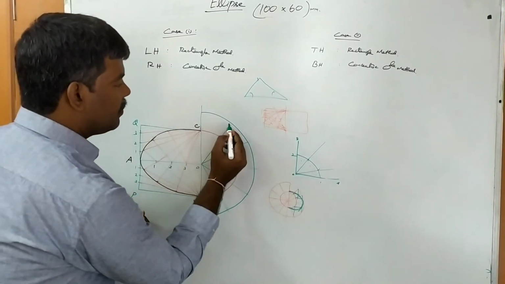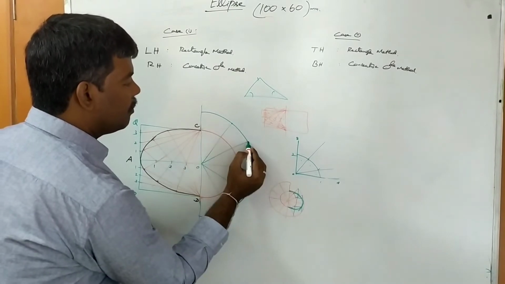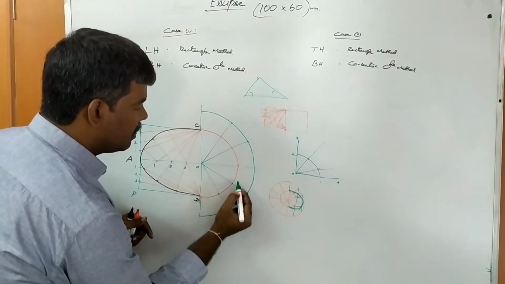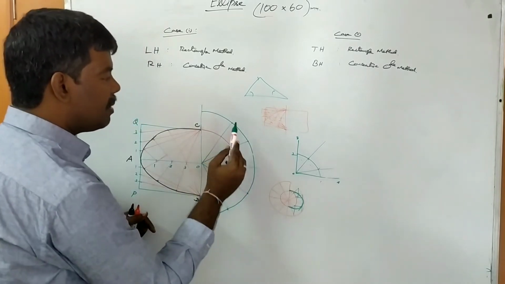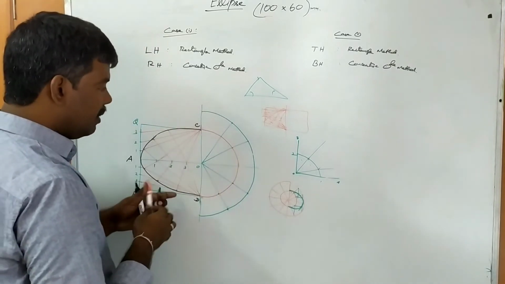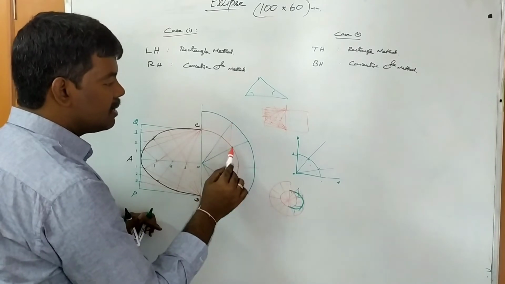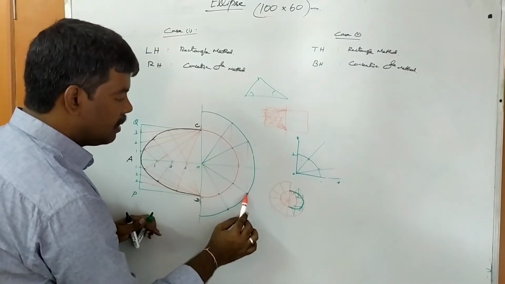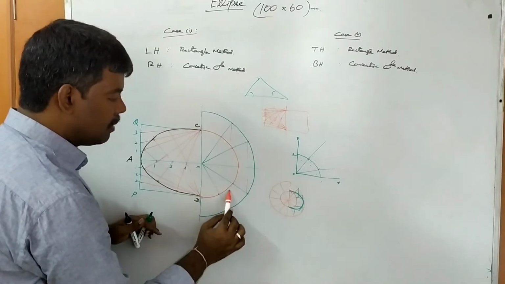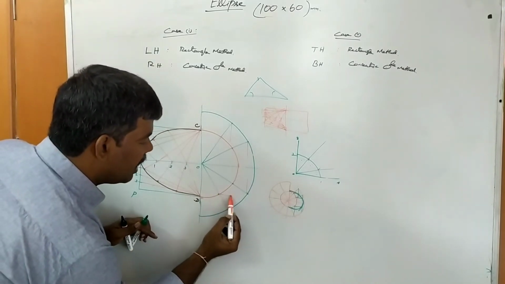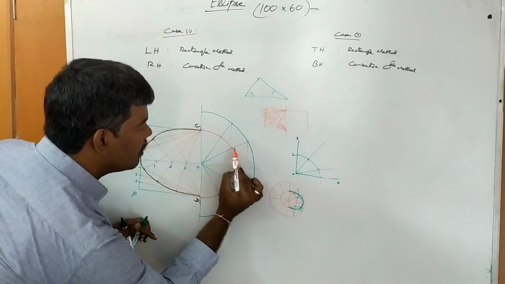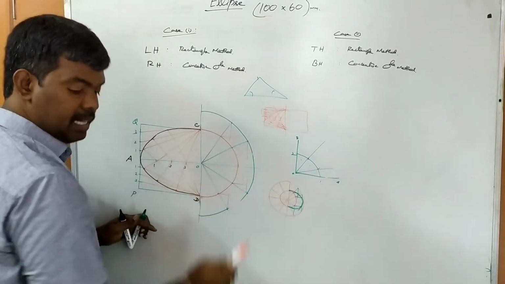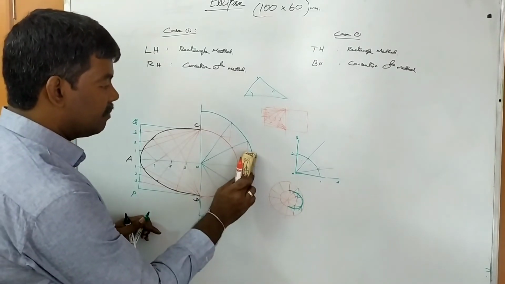So you know that, points from the outer circle and from the inner circle. Okay, from the outer circle you draw vertical lines between the two circles. From the inner points you draw horizontal lines, that also between the two circles. The vertical and horizontal lines, where are they intersecting?